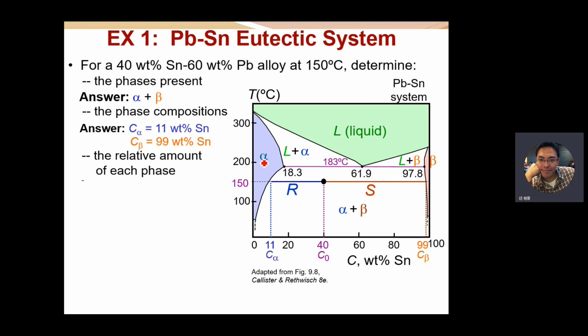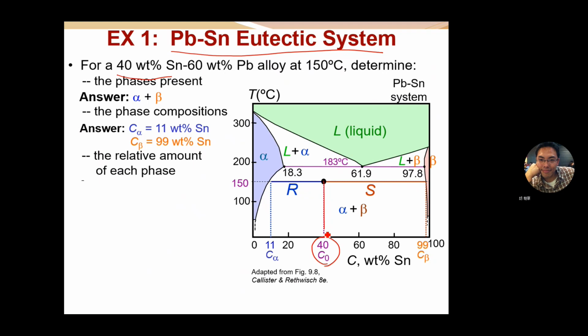Okay, so let's look at an example of the lead-tin eutectic reaction. Say we have 40 weight% of tin, so we know its initial composition is 40 at this point, and the temperature is about 150 Celsius, so 150 Celsius at this point, and determine the phases present.